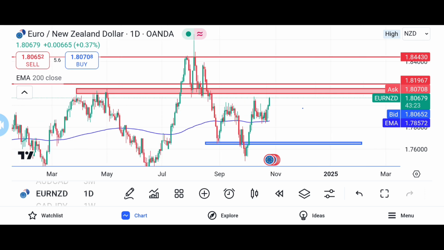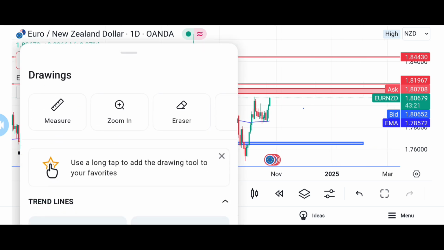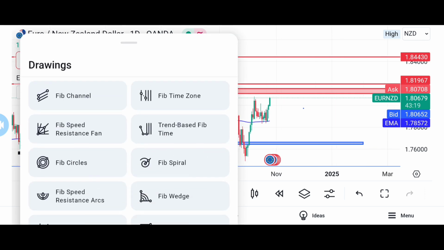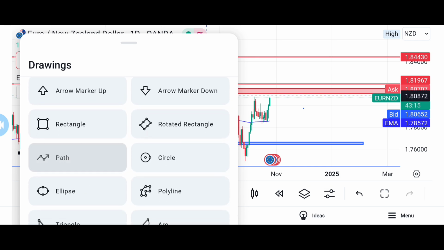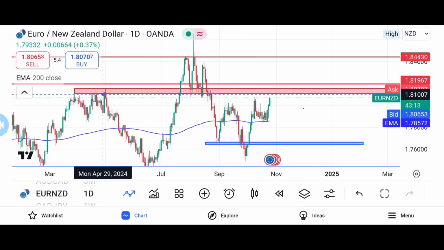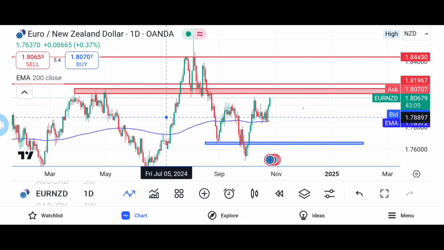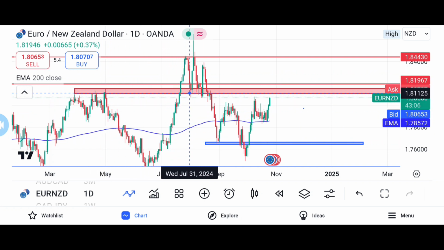Why am I saying so? Let me show you, people. I want you to be very careful. You see, the price came and formed a resistance, then dropped. Once the resistance was broken, it became a support. It formed a support here, and the price action was pushed up. Once the support is broken, it forms a resistance.